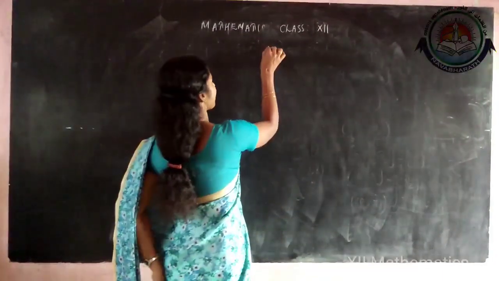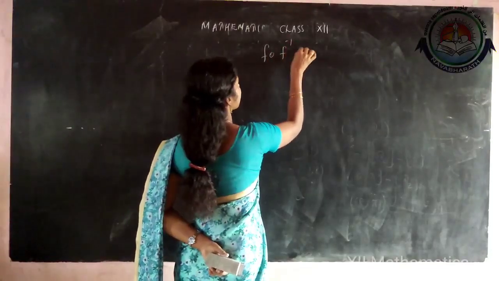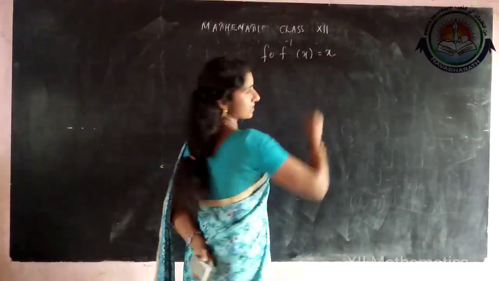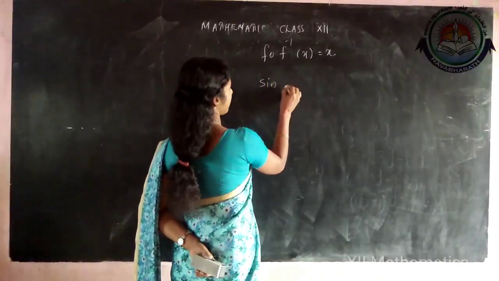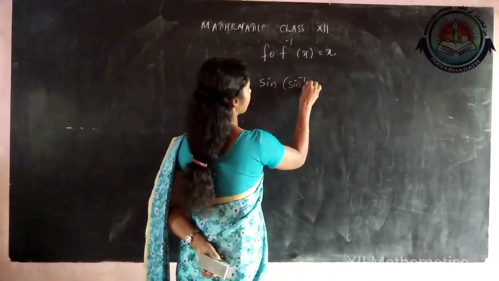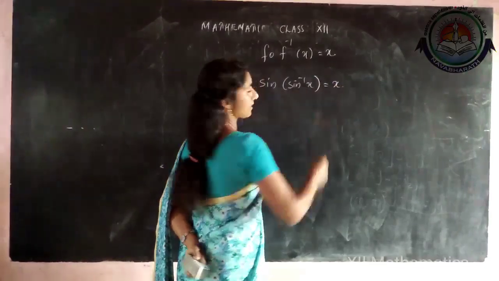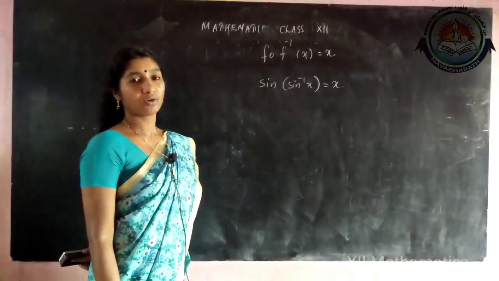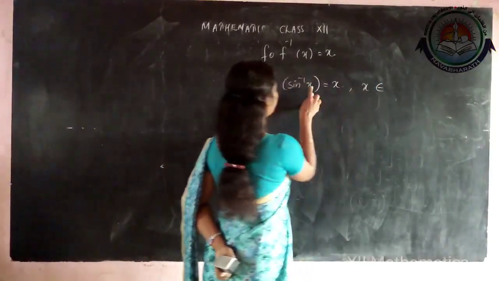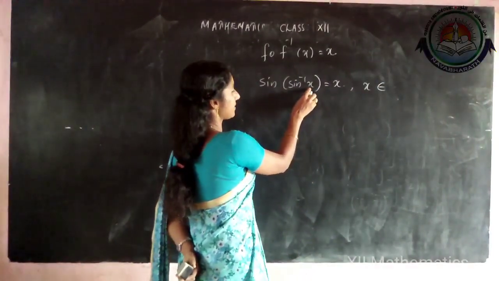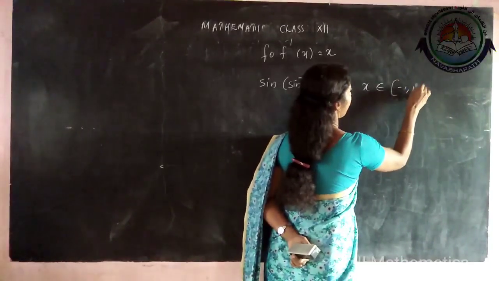See, f composed with f inverse of x is equal to x, we studied. Similarly, the sin function composed with the inverse function will give x. Sin of sin inverse of x is equal to x, where x belongs to the set taken by sin inverse, that is x belongs to minus 1 to 1.